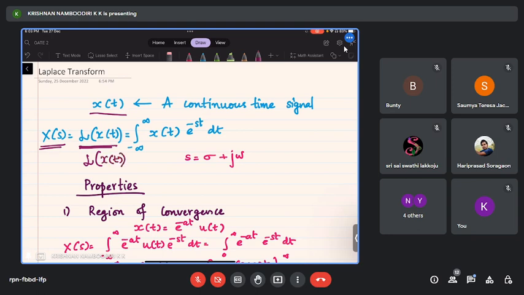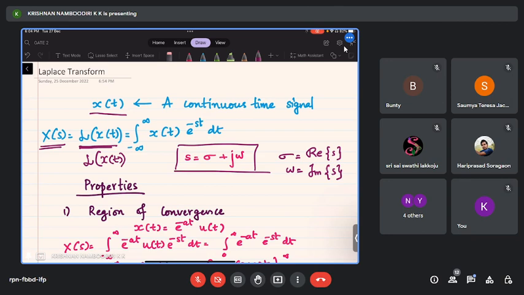L of x of t is equal to integral minus infinity to infinity x of t into e power minus st dt, where s is a complex variable. So s can be written something like this: it's a complex variable, which is equal to sigma plus j omega, where sigma is the real part of s and omega is the imaginary part of s.